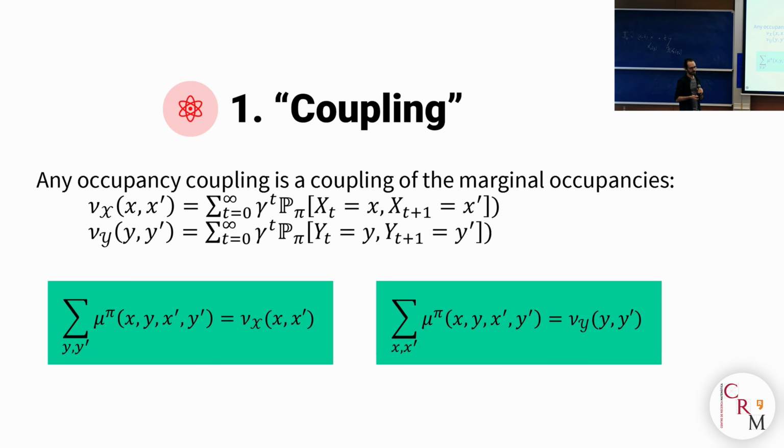So the coupling property of occupancy couplings is, of course, that if you marginalize out the y variables from the occupancy coupling, you should be recovering the mu x. And if you marginalize out the x variables, you should be recovering the mu y. That's kind of obvious, right? So basically, this whole mu should be a coupling of these marginal occupancies.